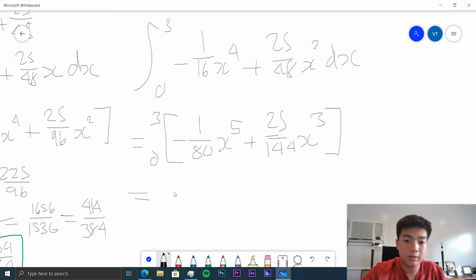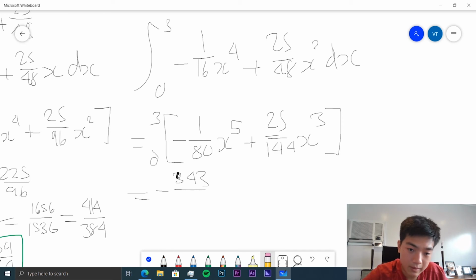So this is equal to negative 243 over 80 plus 25 times 27, 675 over 144.